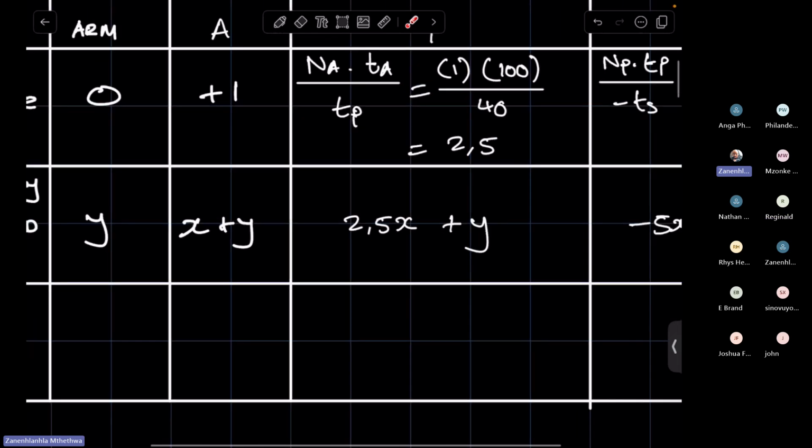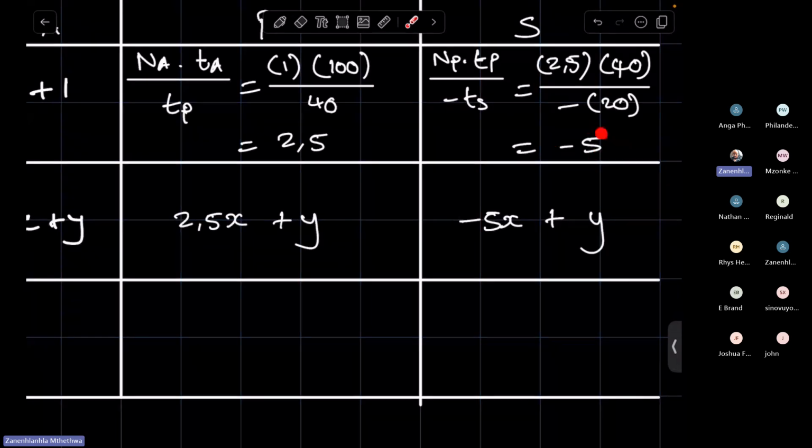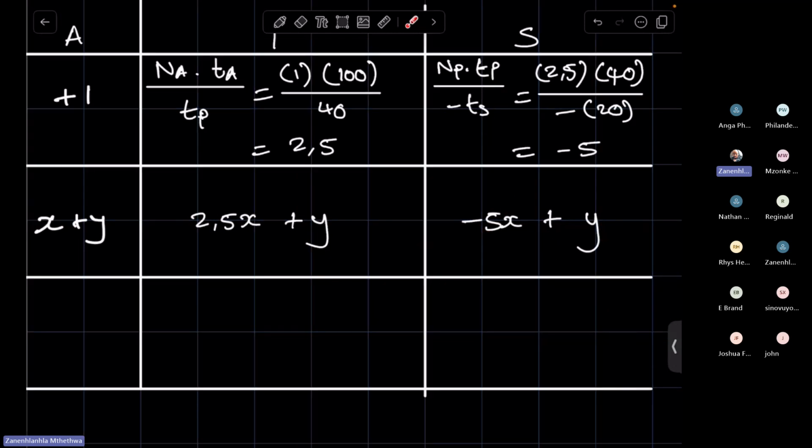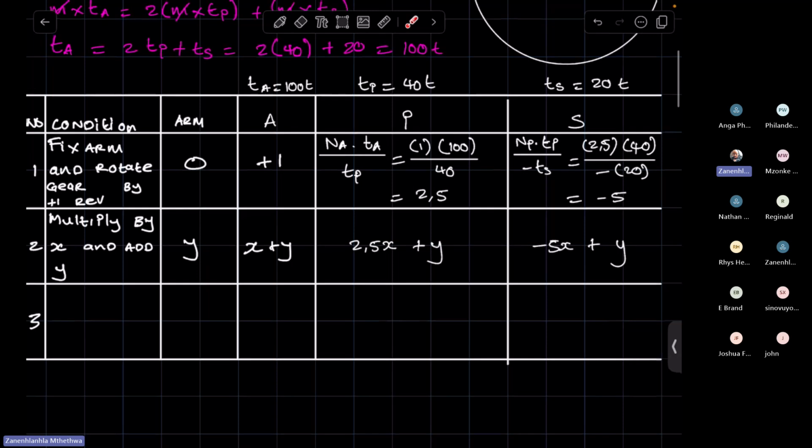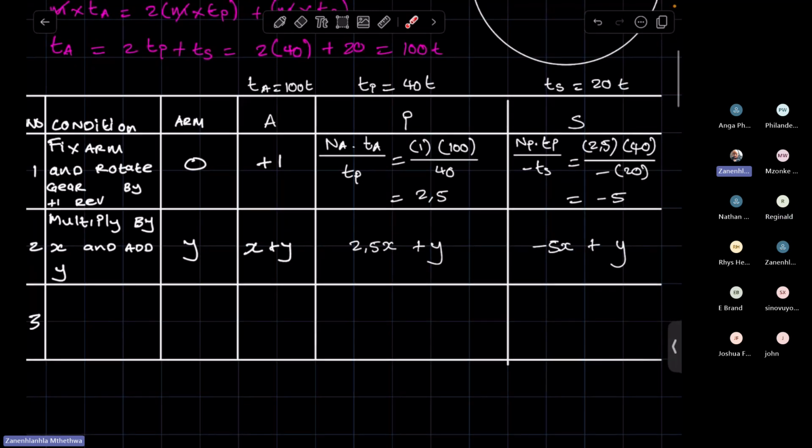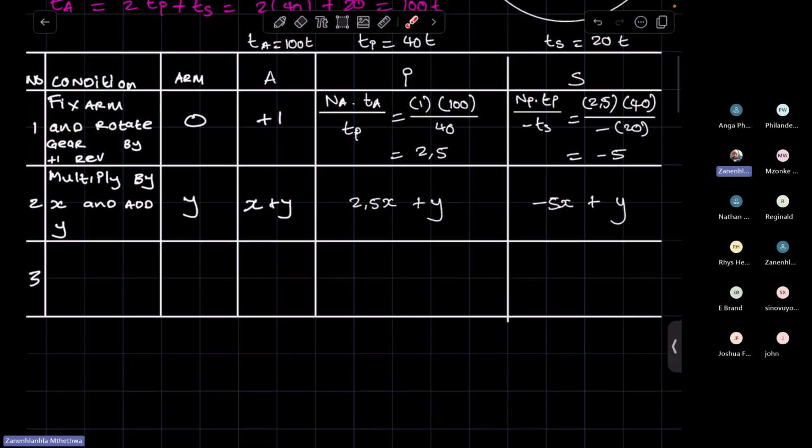Multiplying this by x gives us 2.5x, then you add y. Multiplying the first condition by x gives us negative 5x, then you add y. That's what we mean by the second condition. We good? Good. So first and second condition are complete.